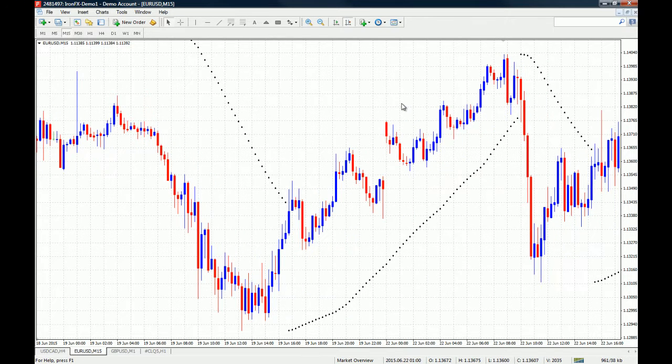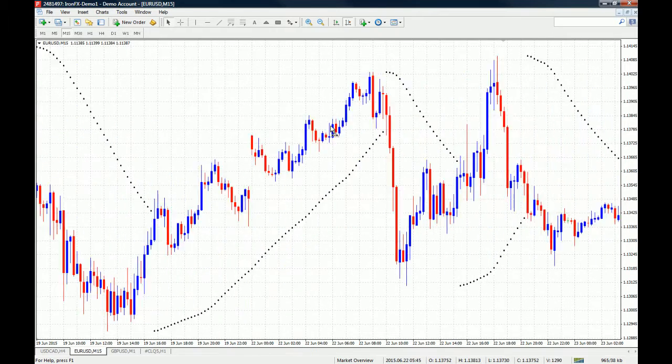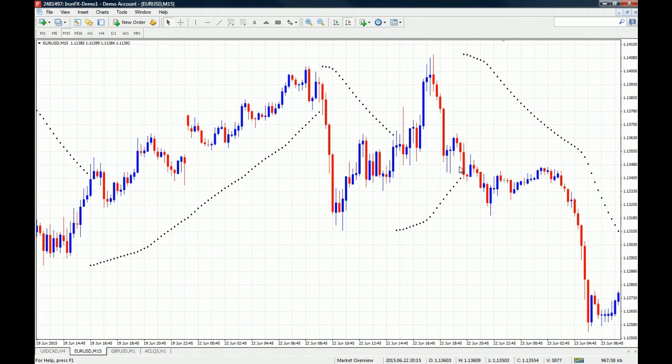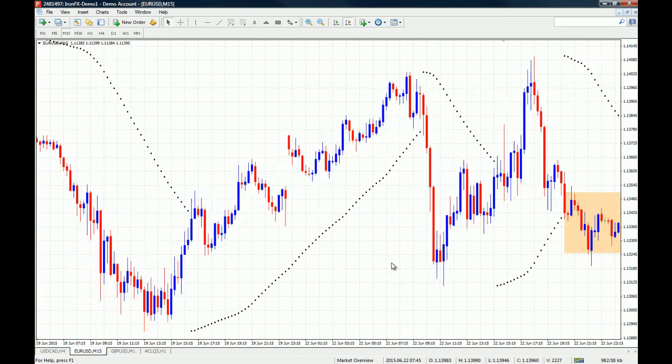Now, remember that this strategy needs to be traded in very volatile hours, because if you trade it in non-volatile hours, you are going to get these kind of setups, okay? We need a strong break, and we need price to continue with momentum to the downside in this case, or to the upside if we have a break to the upside, okay?